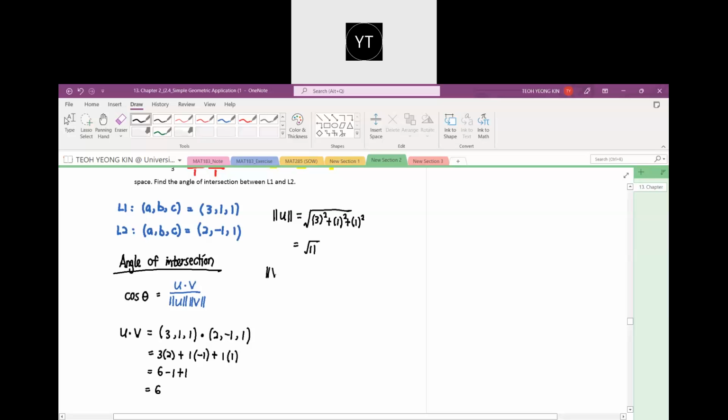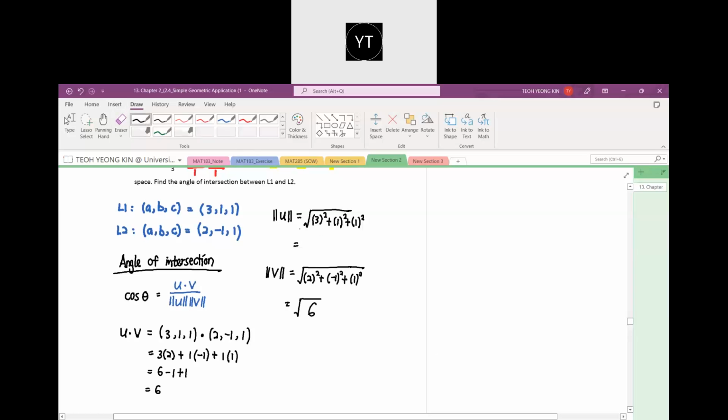Then the magnitude of V, with V equal to 2, -1 and 1, is the square root of 2 squared plus -1 squared plus 1 squared. So here is 4 plus 1 plus 1, 4, 5 and 6, square root of 6.